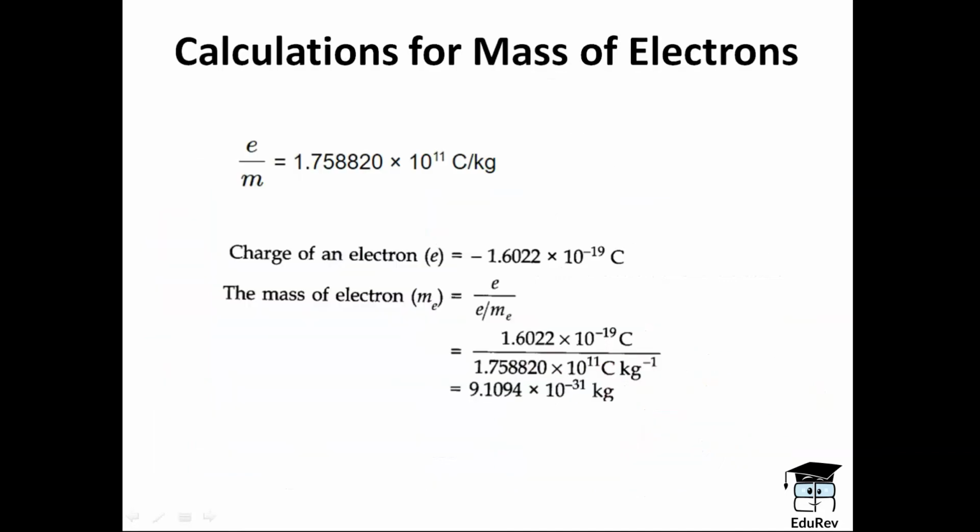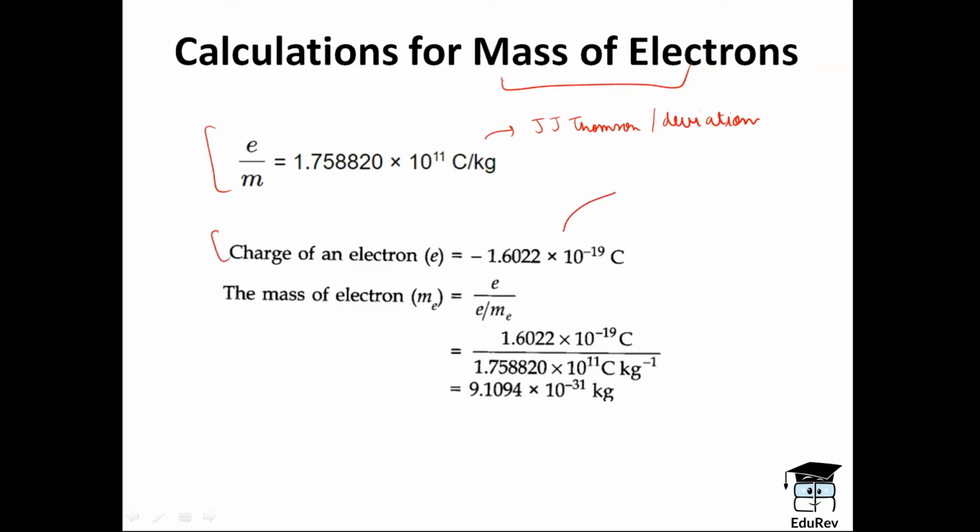Now, how was the mass of the electron determined? We have the charge by mass ratio value, which was determined by J.J. Thomson on the basis of deviation of electrons in the presence of electric and magnetic fields.